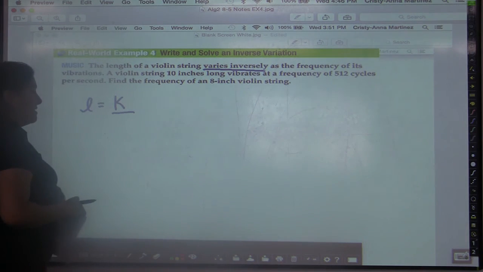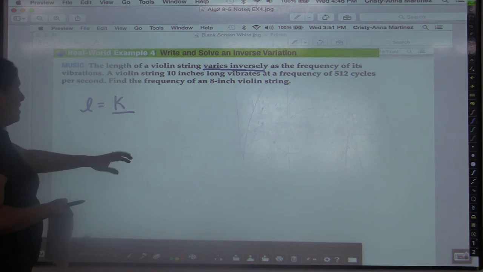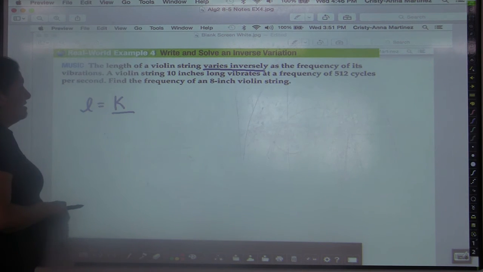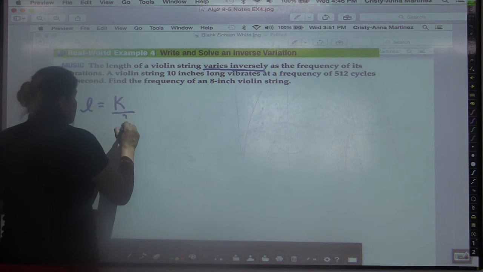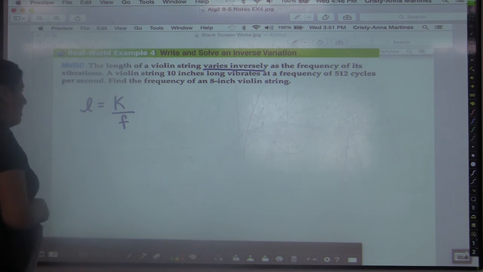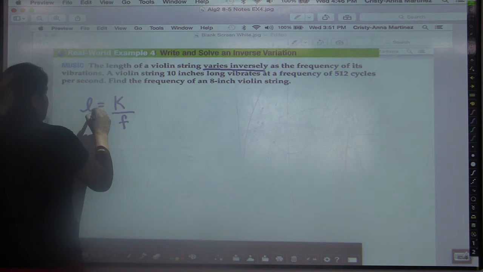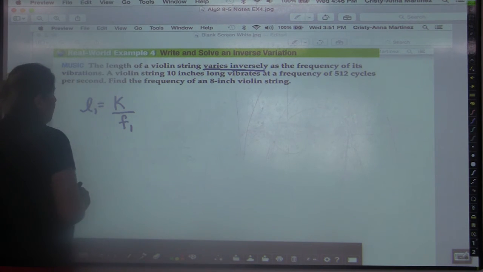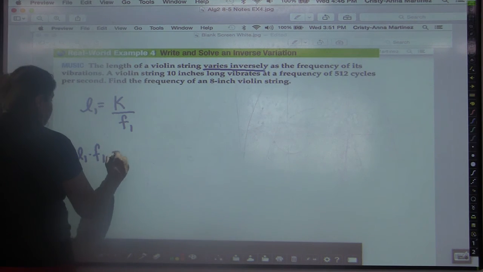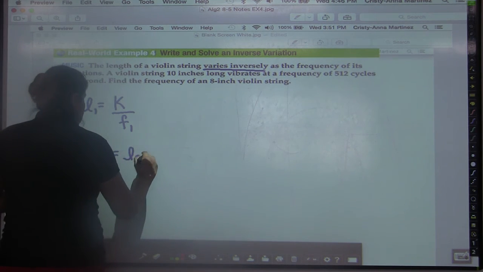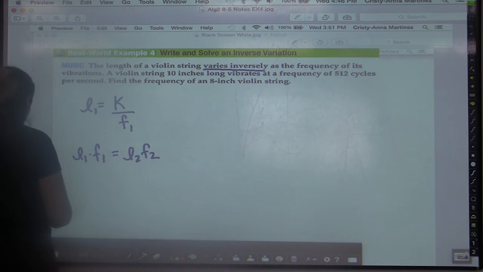Inversely means I'm going to have division, and so it varies inversely with what? That's the variable that needs to go on the bottom. And it says that it varies inversely with the frequency of its vibrations. So I'm just going to use F for frequency of vibrations. And then I can go ahead and just do L1 F1. And so I know that my k value is going to be L1 times F1, and that is going to equal L2 F2, if you will.